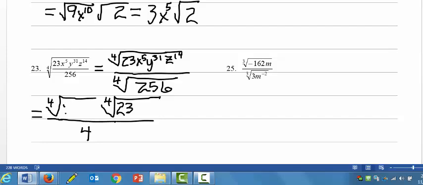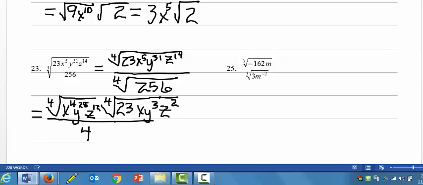X to the fifth can be written as x to the fourth times x. Y to the 31st can be written as y to the 28th times y cubed. Z to the 14th can be written as z to the 12th times z squared.